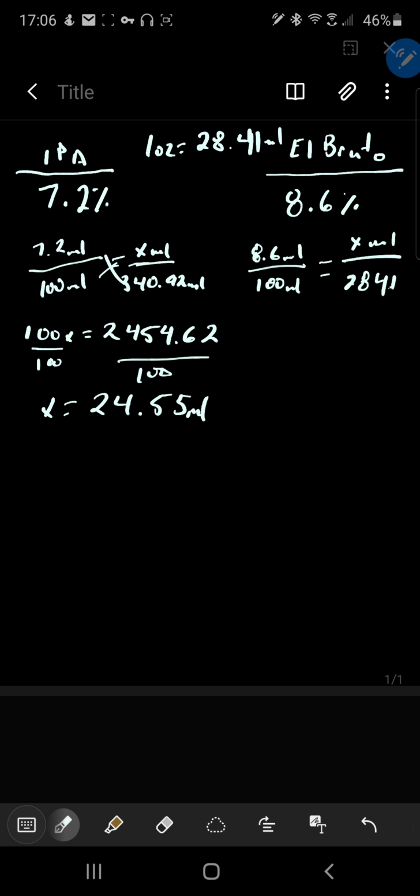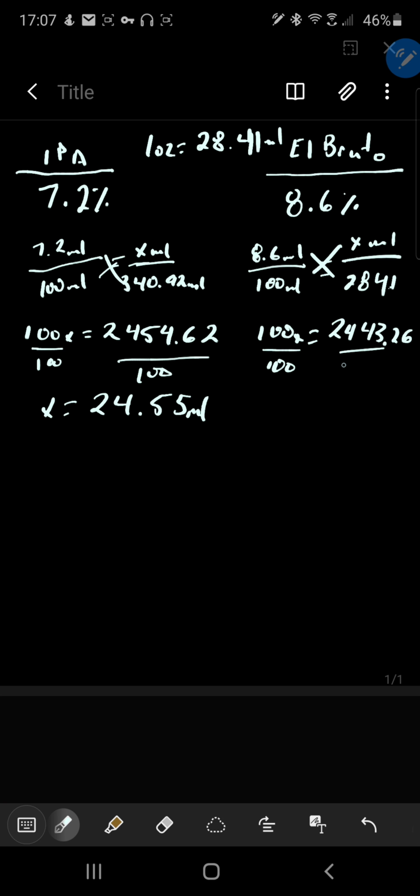Now we just go ahead and wash, rinse, repeat for El Bruto over here. We can cross multiply and divide, and so we end up with 100x equals 284.1 multiplied by 8.6, and we get 2,443.26. Again, in order to isolate the variable, that's where this wonderful algebra comes into play.